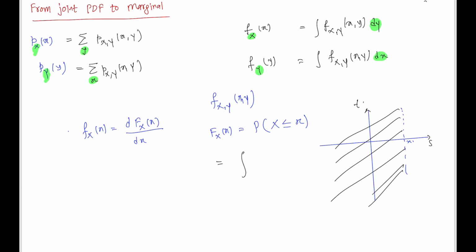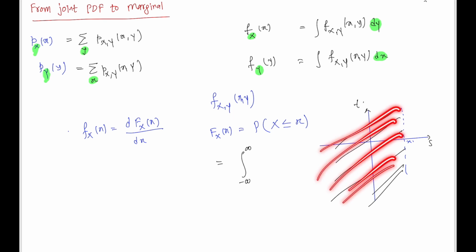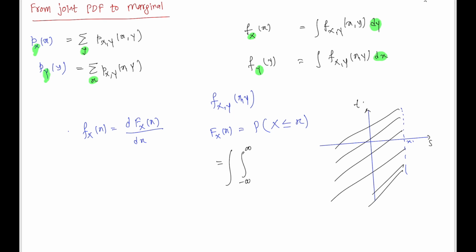So in this case, t can take the value from minus infinity to plus infinity. We are trying to find the probability of this region. In order to do that, we will have to do the double integration, because that volume will give you how the probability is distributed over this region. Here t is free to take any value from minus infinity to plus infinity, and we have the constraint over the values of s, that it can take values from minus infinity to the point we are interested in, that is x.